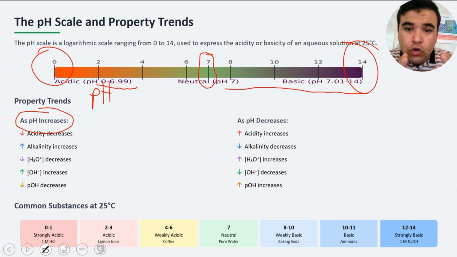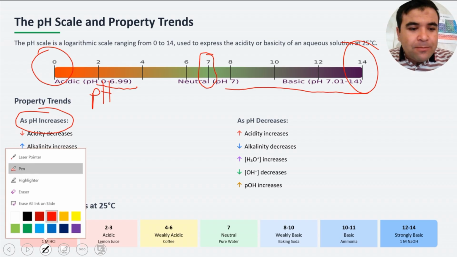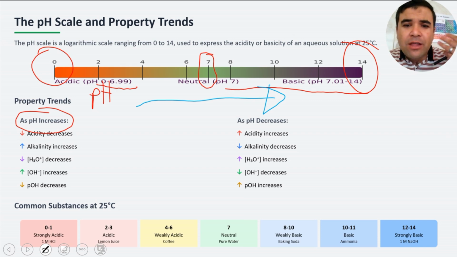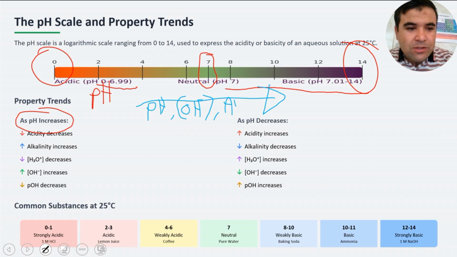What will happen to hydronium, hydroxide, alkalinity, acidity? We should know that there are two directions. As pH increases in this direction, 3 values are going to increase and the other 3 values are going to decrease. The hydroxide concentration increases, and then the alkalinity increases, and the pH increases.